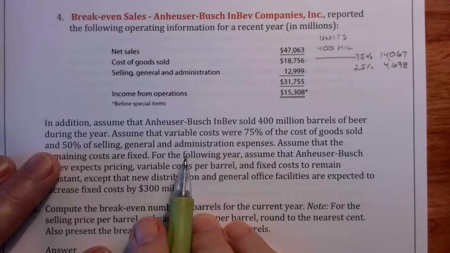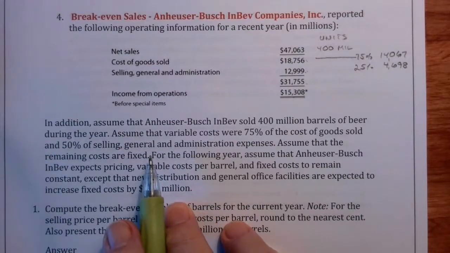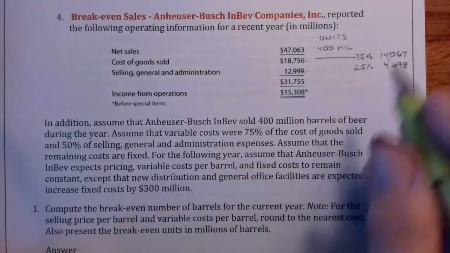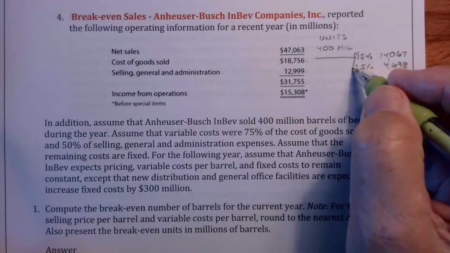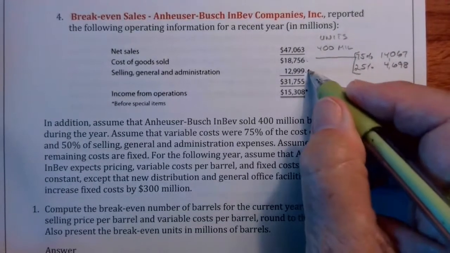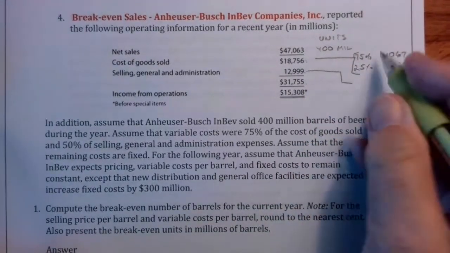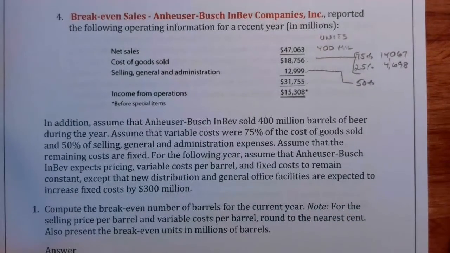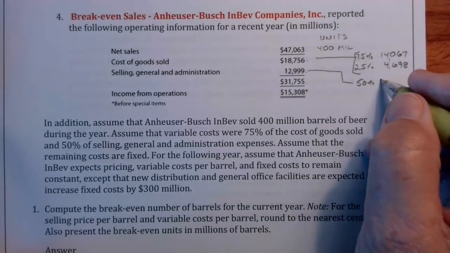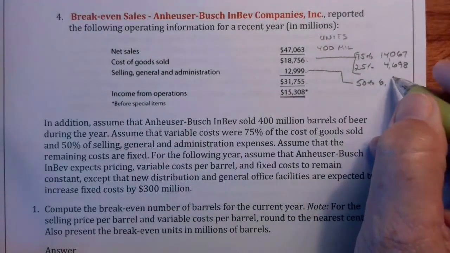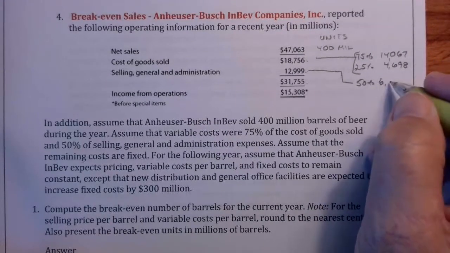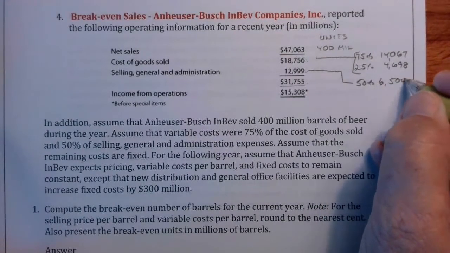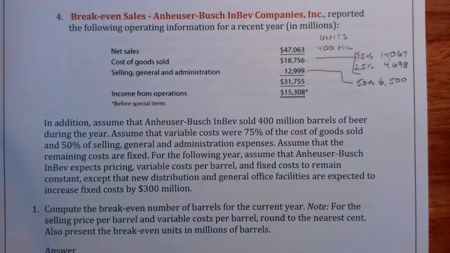50% of selling, general and administrative expenses were fixed and 50% variable. So we'll take the selling, general and administrative expense times 50%. We'll call it 6,499.5. Of course, these are in millions, so pretty soon we're talking real dollars, right?